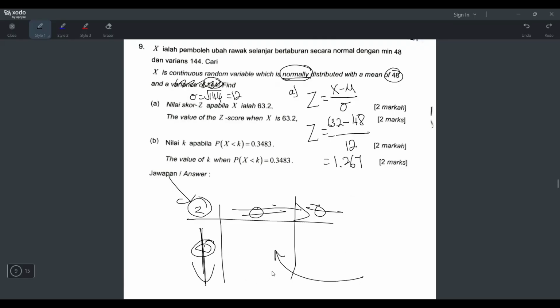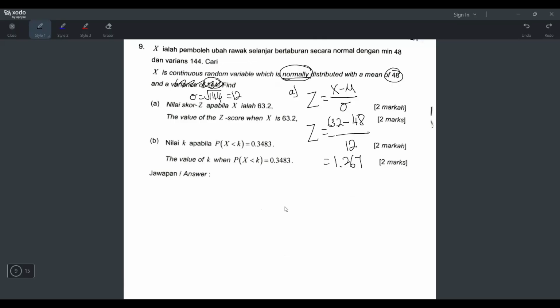From the inside, you can read until 4 decimal places, 5 decimal places. So that's why this one I write in 3 decimal places only, because this is the Z value. This is not the area, not the probability answer. Z value, you can only read up to 3 decimal places. But when you get the probability answer, it can go until 4 or 5 decimal places. Okay, hope you understand.